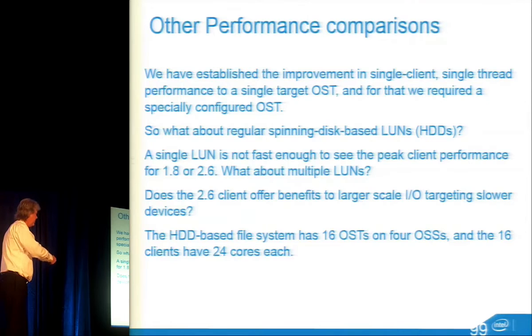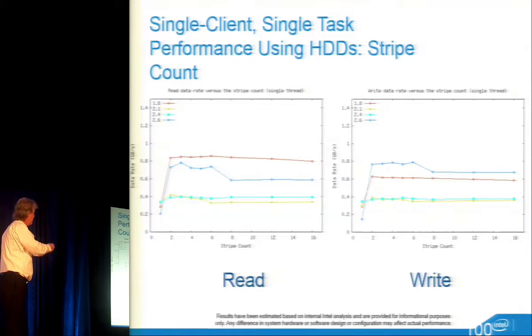So that's just recapitulating what I just said. Now we're testing still a single task, but we're targeting the spinning disks, and using more than one LUN. The way you do that is to have a stripe count.